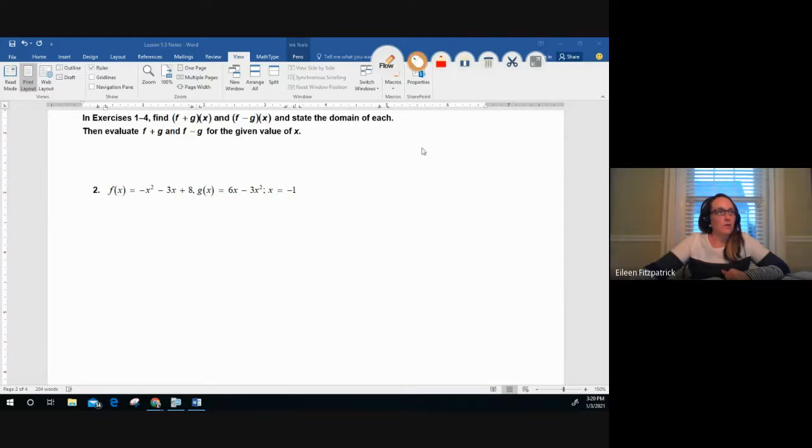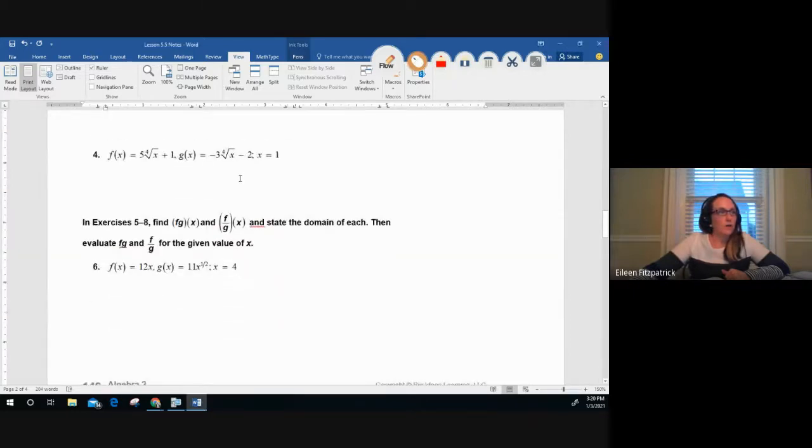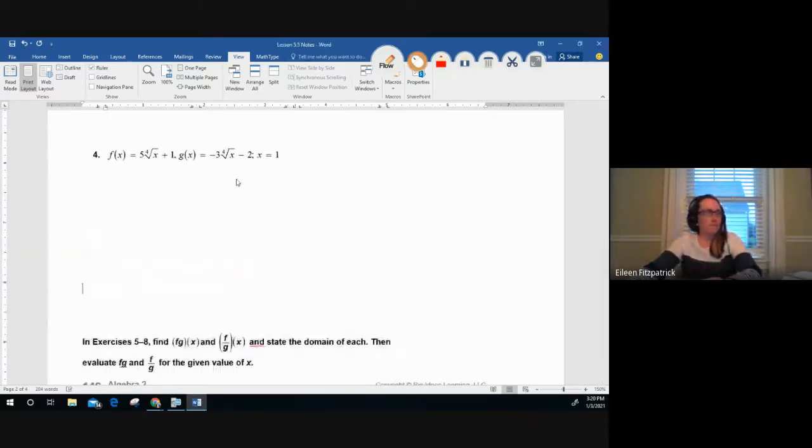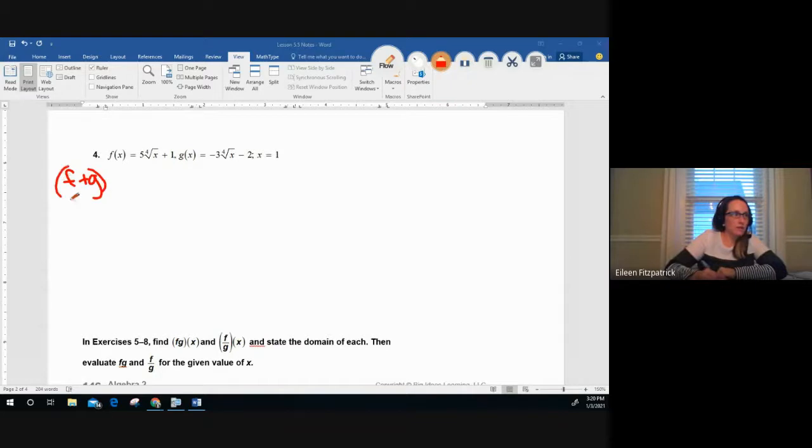Problem number 4. All right, so for problem number 4, same process, same setup. We're first going to do f plus g of x. So I have 5 times the 4th root of x plus 1 plus -3 times the 4th root of x.